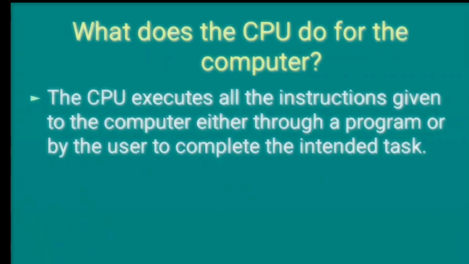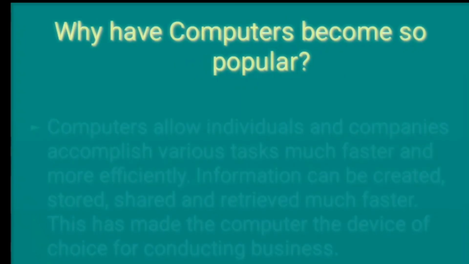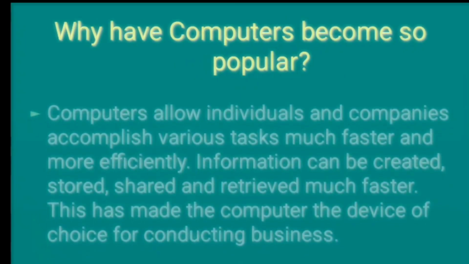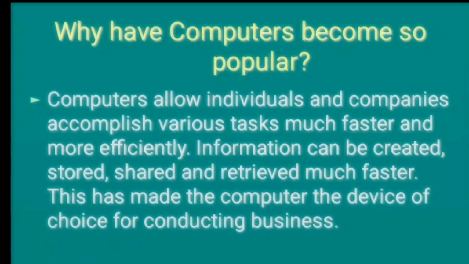What does the CPU do for the computer? The CPU executes all the instructions given to the computer either through a program or by the user to complete the intended tasks. Why have computers become so popular?